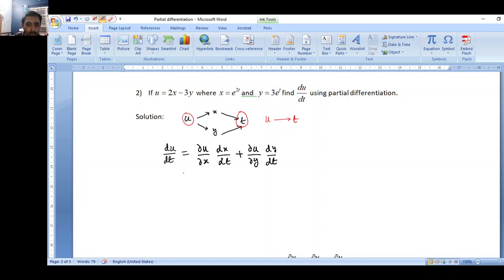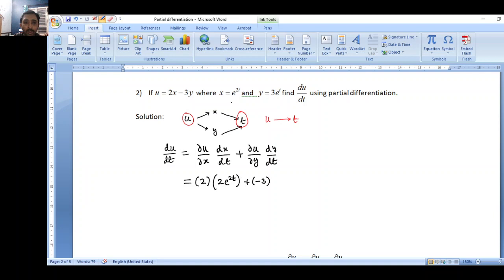In this problem it's very easy to find all these terms and substitute them, so I'll simply write down these expressions straight away. u is 2x minus 3y, so dou u by dou x is going to be 2. And then dx by dt: x is e to the power 2t, so dx by dt would be 2 e to the power 2t. Plus, dou u by dou y is going to be minus 3, right?